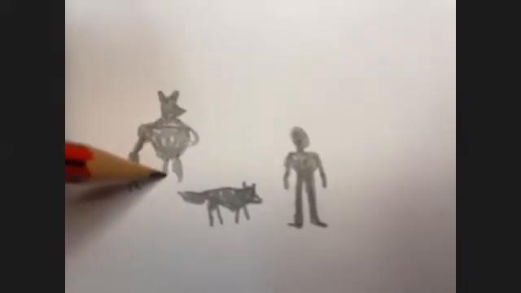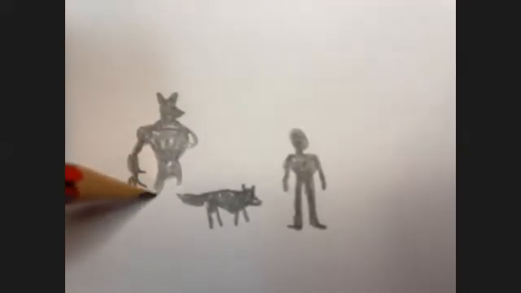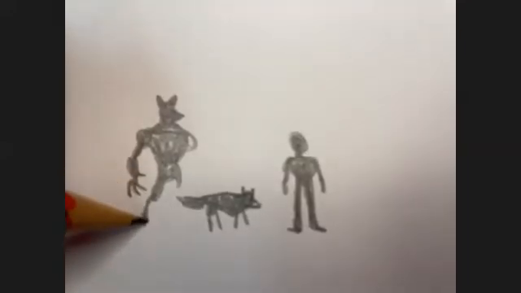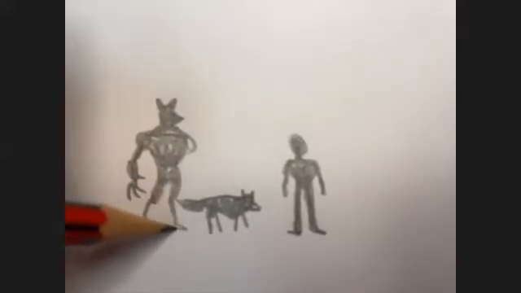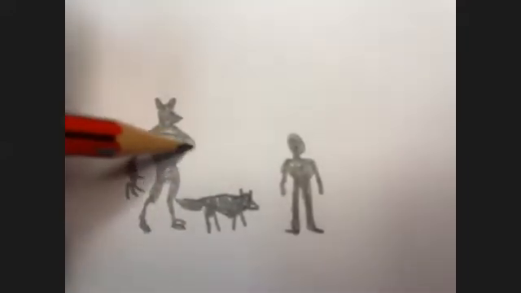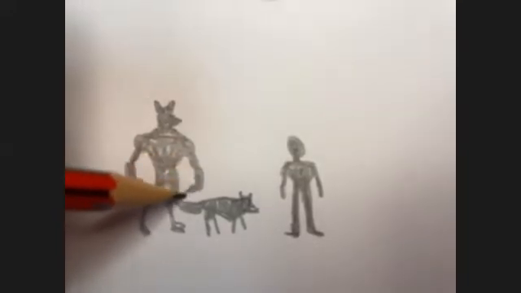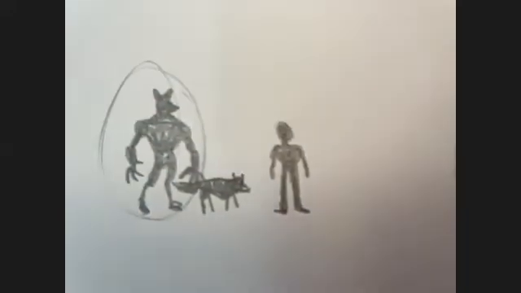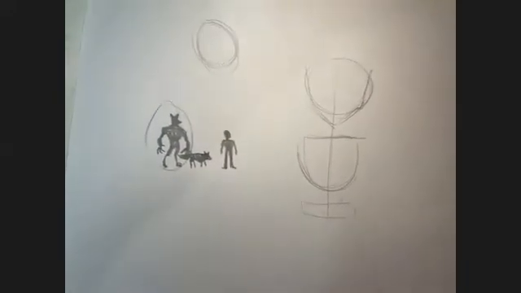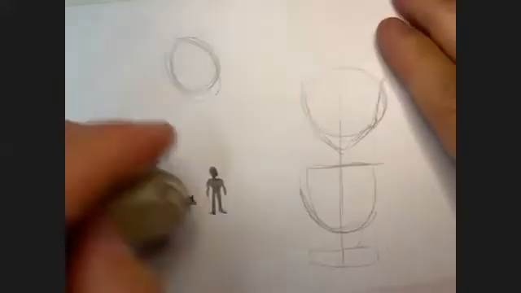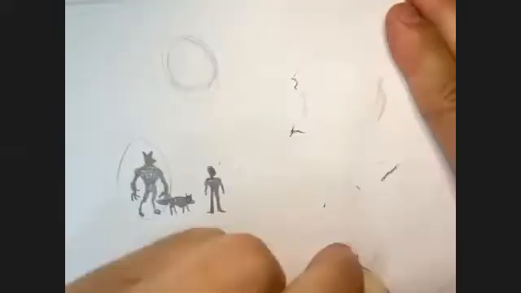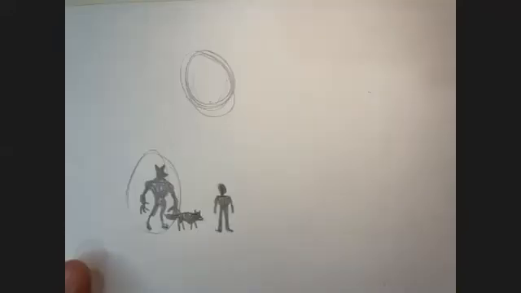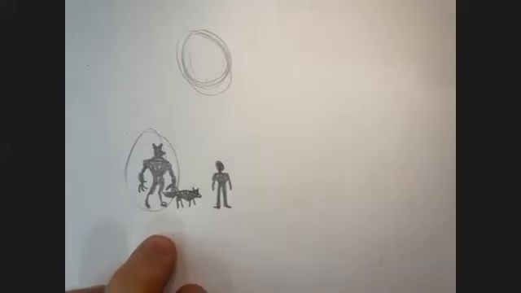I want to have those sort of bent animal legs and feet, more claws. So we've just done these tiny little shapes, but if we take that shape and then try and make it bigger, that's going to help us with what the character is going to look like when it's bigger.